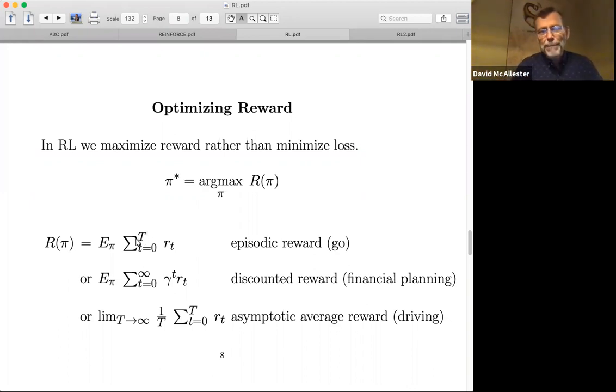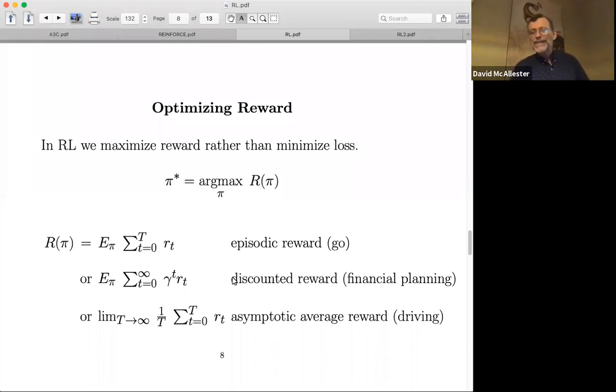Assuming that capital T is the duration of the episode, then the episodic reward of a policy is just the expectation over running that policy. Remember, the policy is stochastic and the state transitions are stochastic. So I'm going to take the expectation, when I run the policy, of the sum over the episode of the reward at that time in the episode.